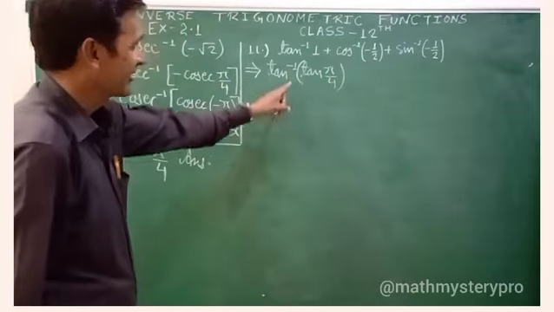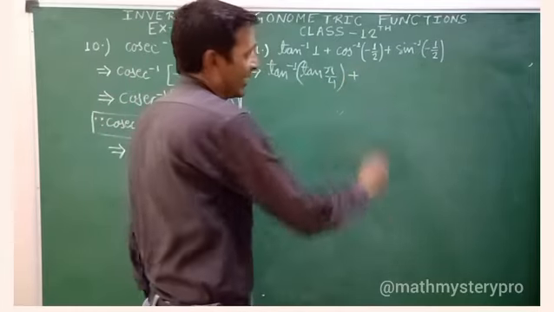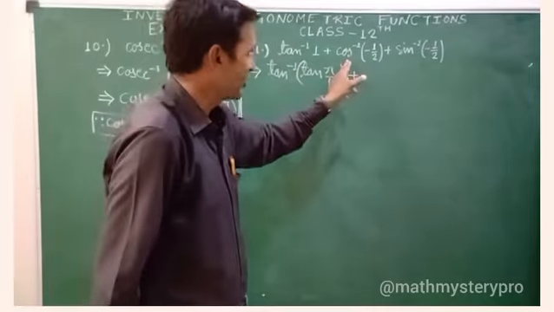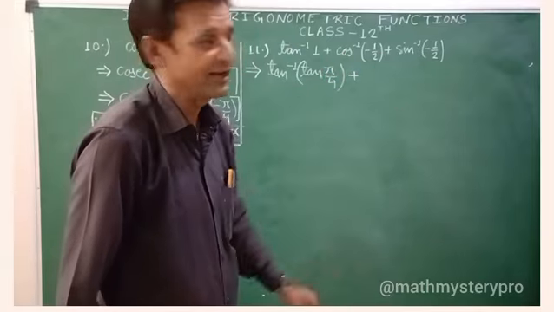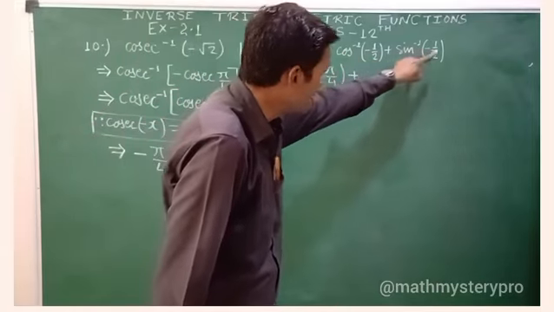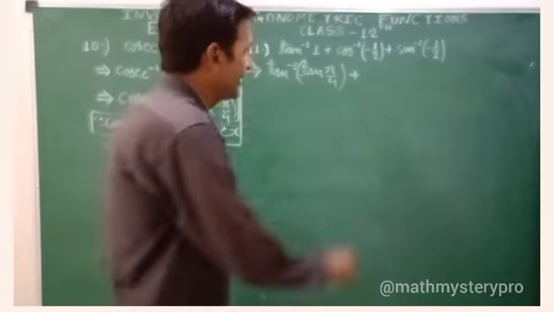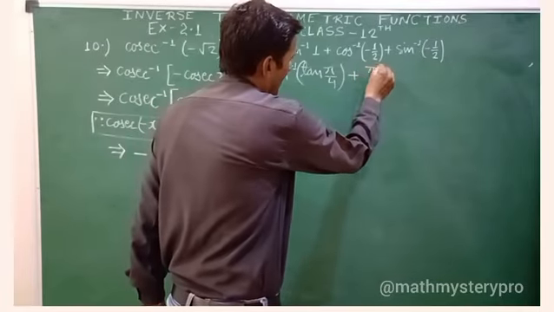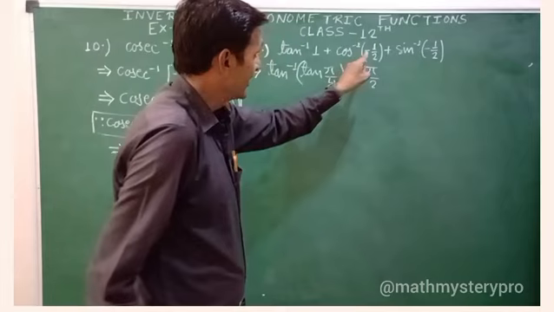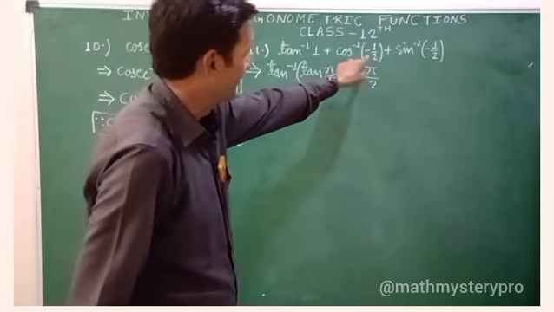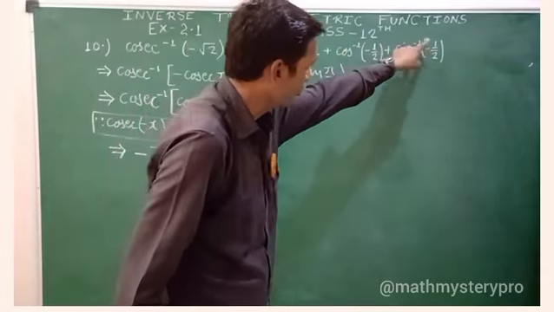And one more formula is applicable here, sin inverse x plus cos inverse x, or cos inverse x plus sin inverse x. If both these values are the same, then we can write it as pi by 2. But you should remember one thing, even the sign should also be the same. Here it is minus 1 by 2 and here also minus 1 by 2.